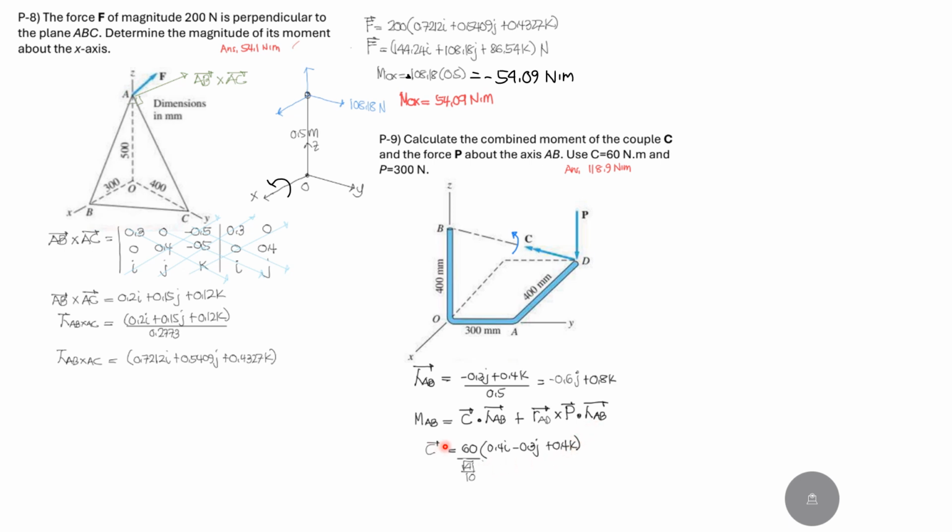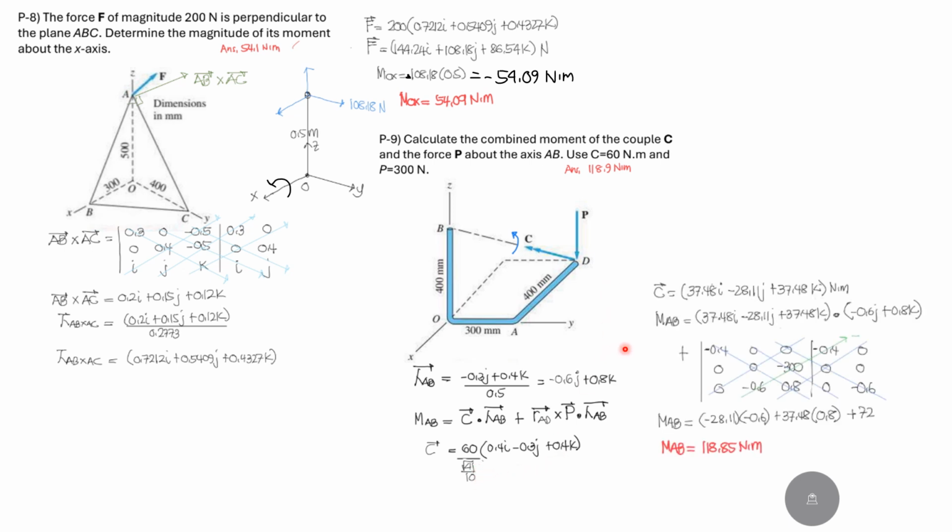So for the couple vector, its magnitude is 60 newton meter. Then it is directed along x forward positive 0.4, along y negative 0.3, so negative 0.3j, then along Z to reach B is upward, so positive 0.4k. Square root of 0.4 squared plus 0.3 squared plus 0.4 squared is square root of 41 over 10.